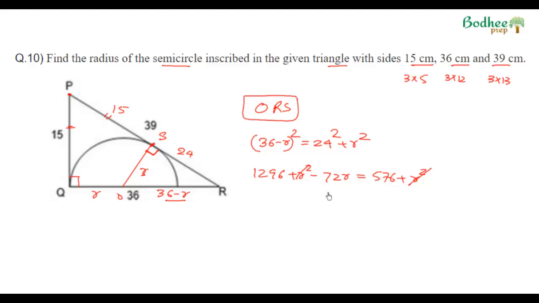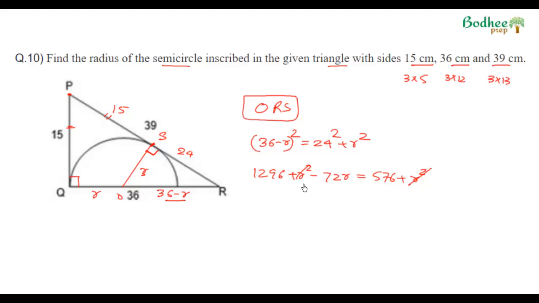And here we can see that it can be divided by some value. I think it should be divisible by 9. In fact, it should be divisible by 12 also.